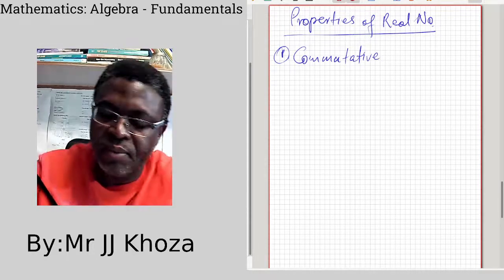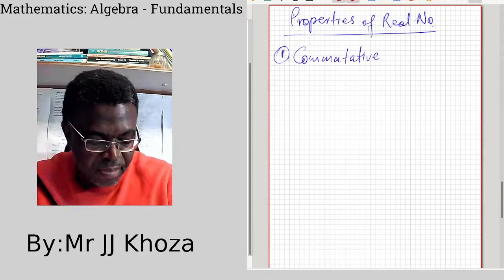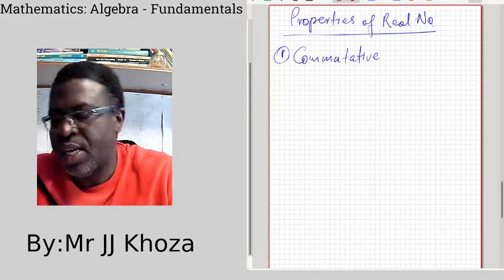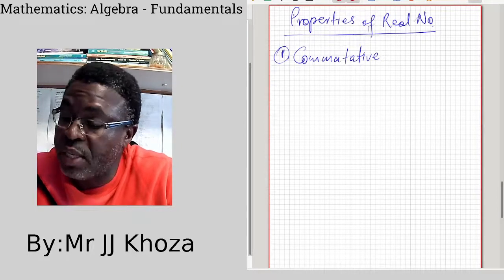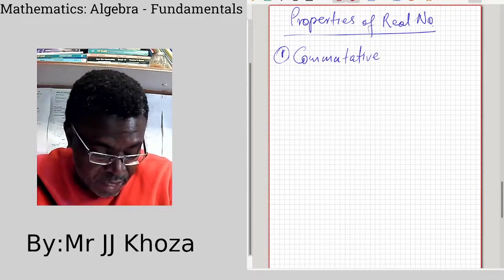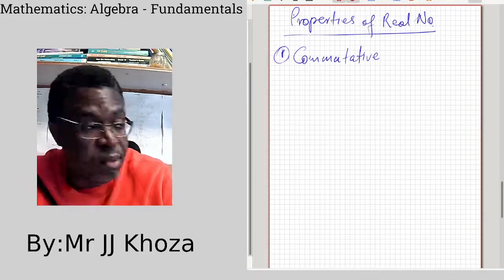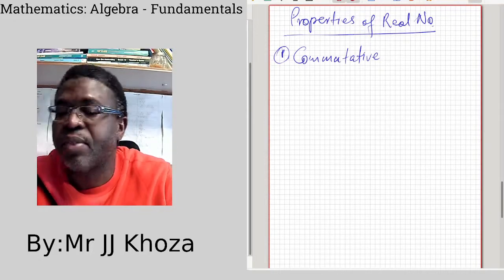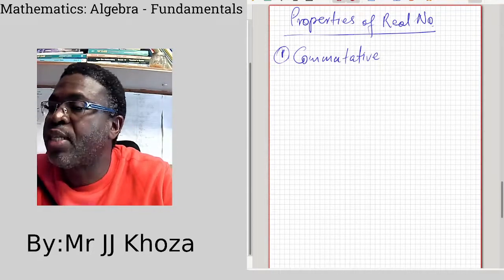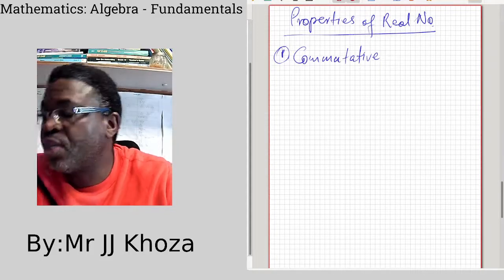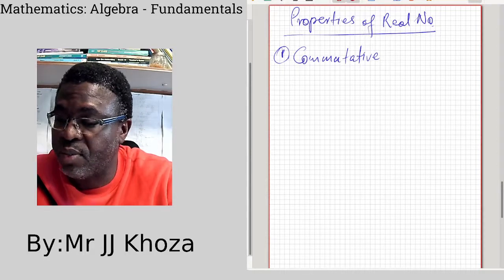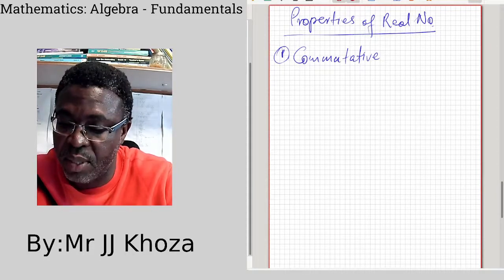It's important to understand. What it teaches us essentially is about addition and multiplication. Now you understand why we talk about addition and multiplication. Why? Subtraction is the additive inverse. Division is the multiplicative inverse. So there is no need to talk about that.